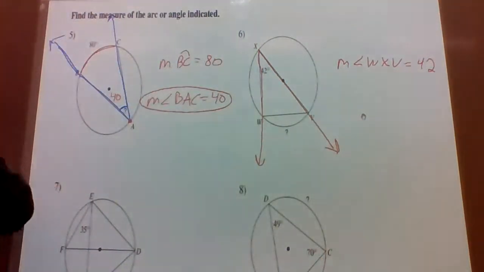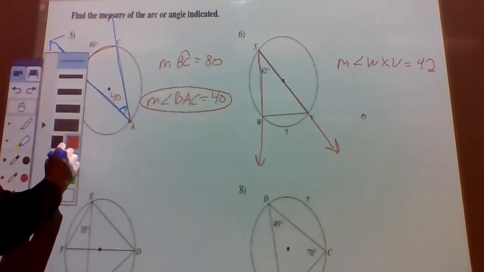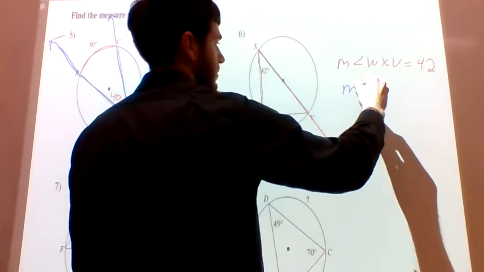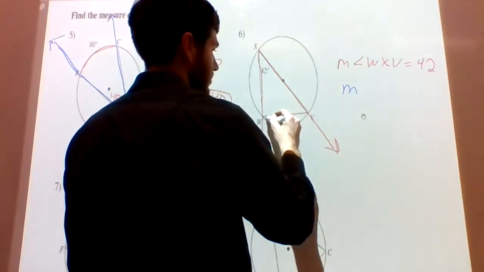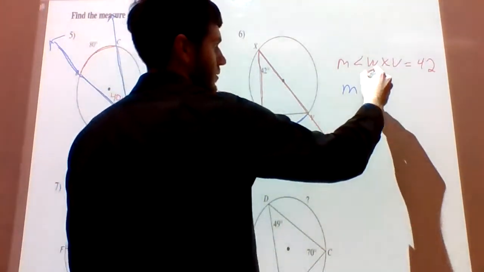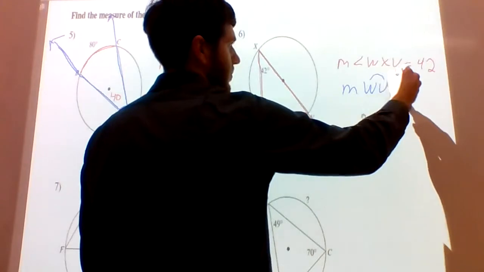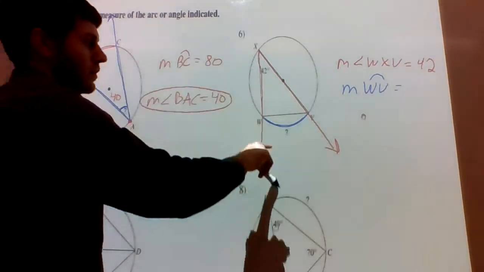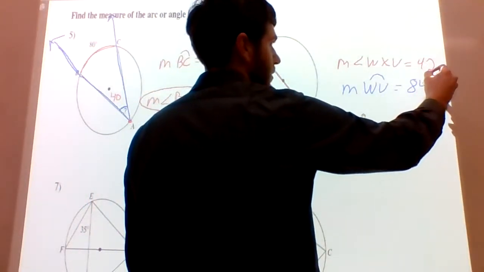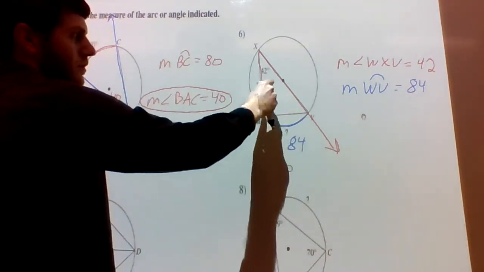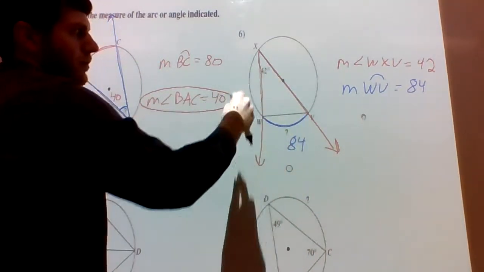So we want to look at the inscribed angle, and the intercepted arc is WV. So we want to find the measure of WV. That's going to be double the measure of the inscribed angle. So 42 times 2 is 84. The measure of the arc is double the measure of the inscribed angle.